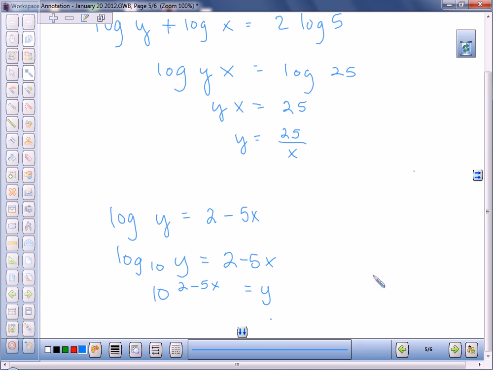Isn't this 10 squared over 10 to the 5x? Yes. Or could I write it like this? Is that the same thing?